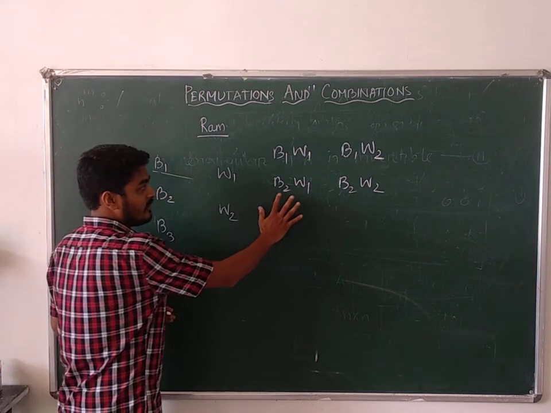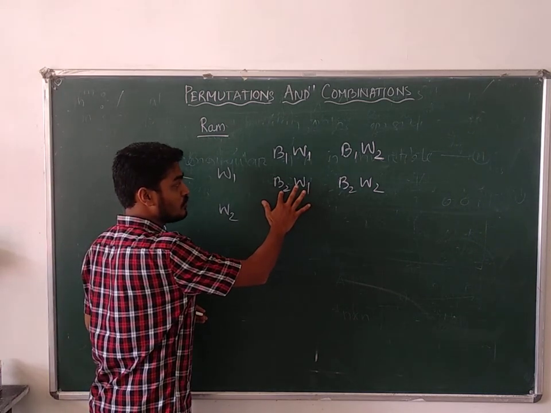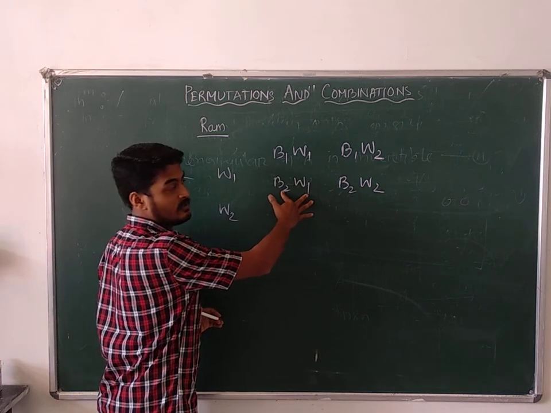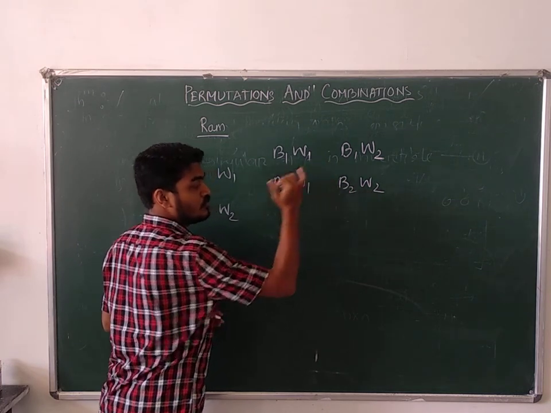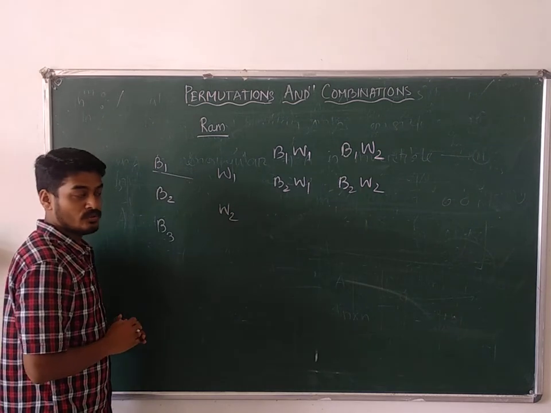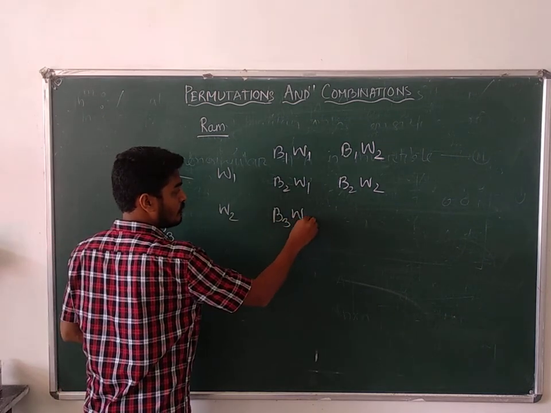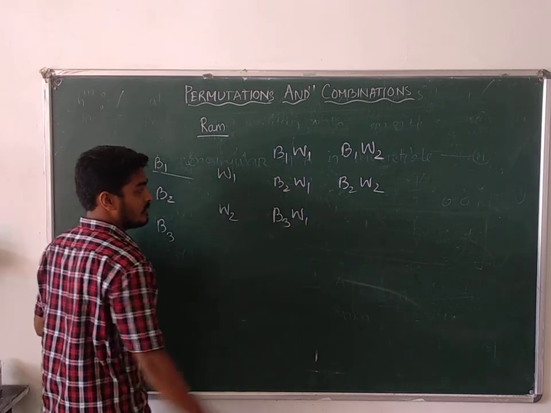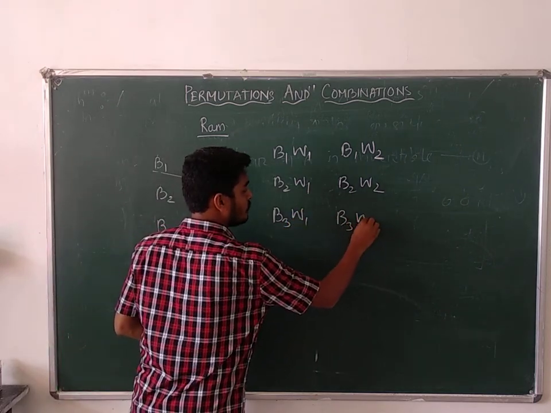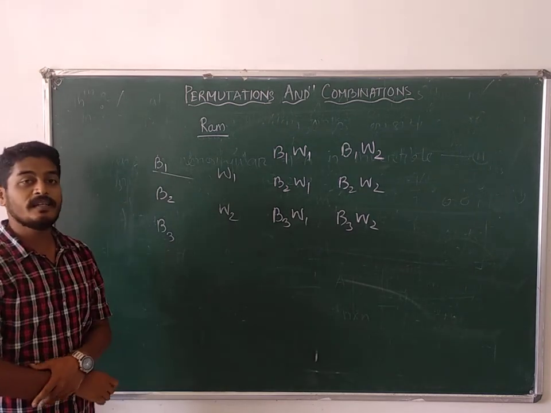The next day, suppose he takes bag 2 and bottle 1, then bag 2 and water bottle 2. In the next option, bag 3 with bottle 1, then bag 3 with water bottle 2. Then 6 possibilities are there.